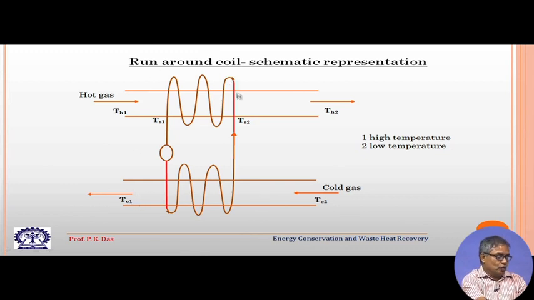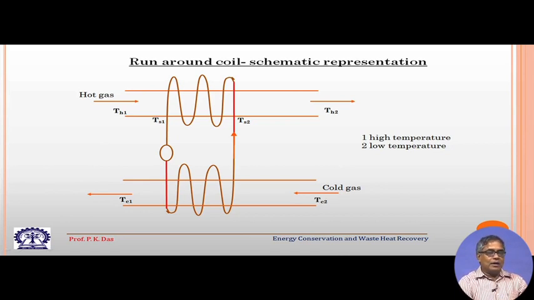The fluid moving through this coil in a loop is called a secondary fluid. It enters the hot side heat exchanger with Ts2 and comes out in heated condition with a temperature Ts1. It then enters the cold side heat exchanger with temperature Ts1 and comes out with a temperature Ts2.